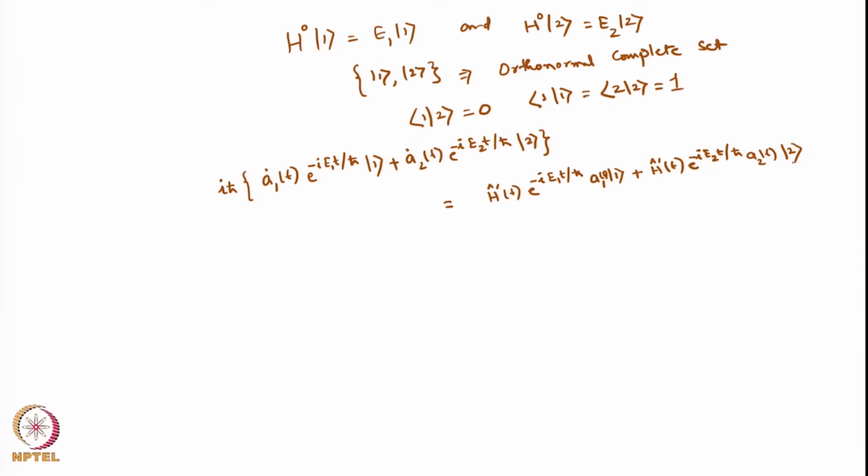So, this is where we stopped in the last lecture. This came from the LHS and this came from the RHS. Now, we have to equate this and try to see what happens.